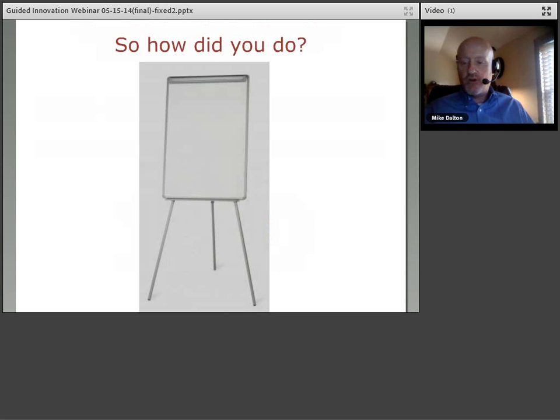So let's take a look at how that's looking, and I got to switch back out of full screen so we can take a look at the results.